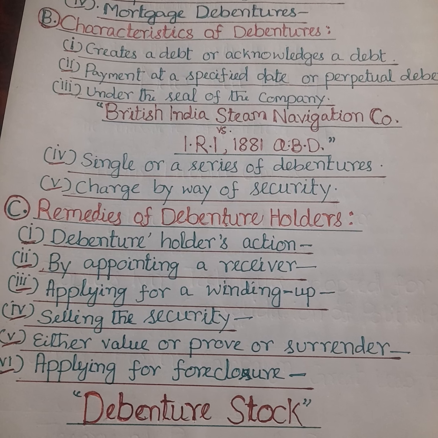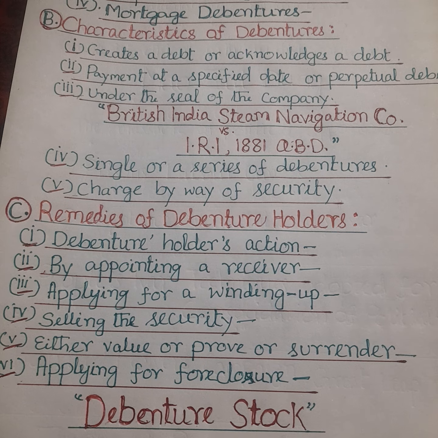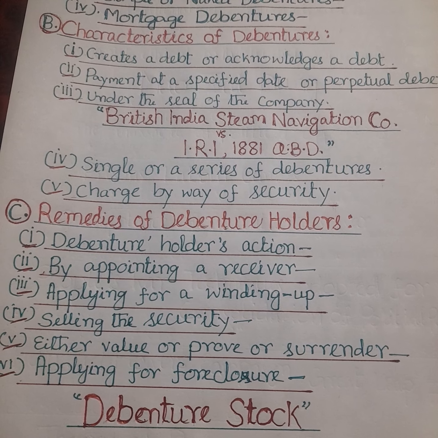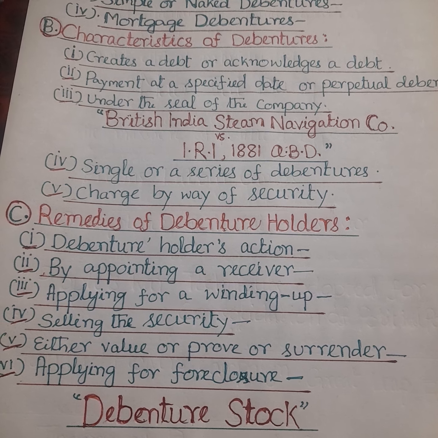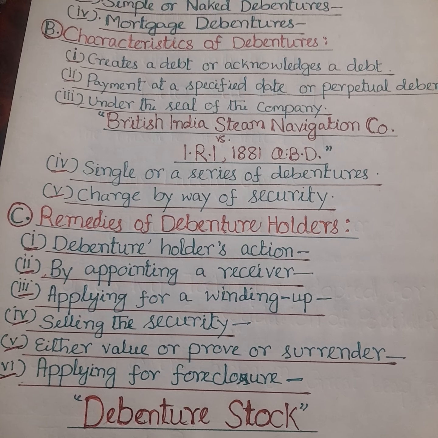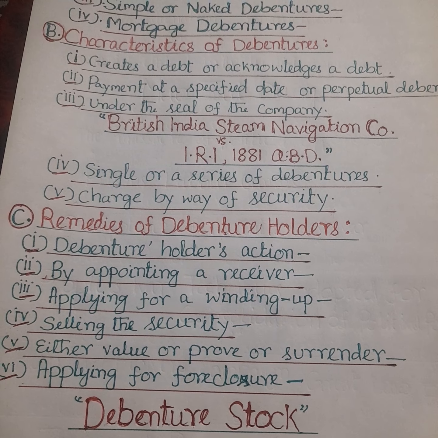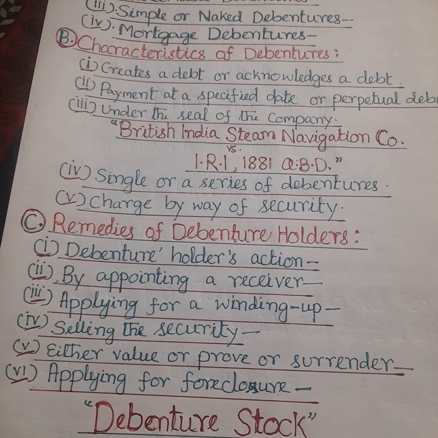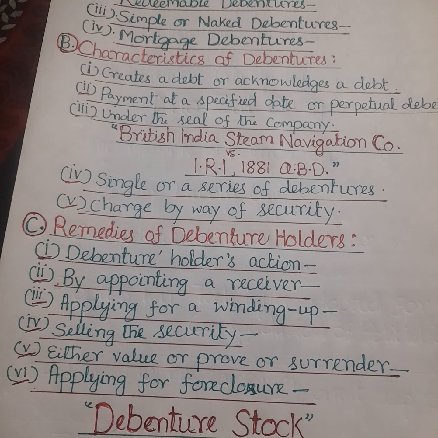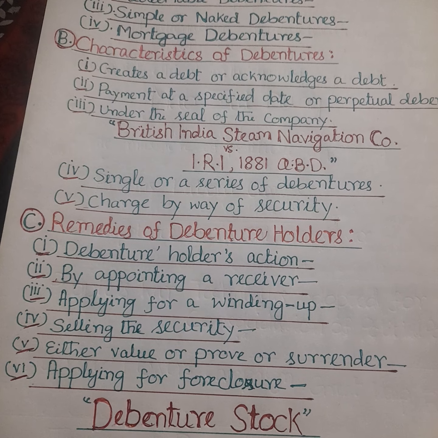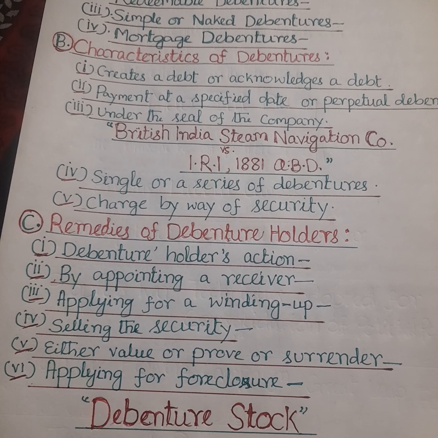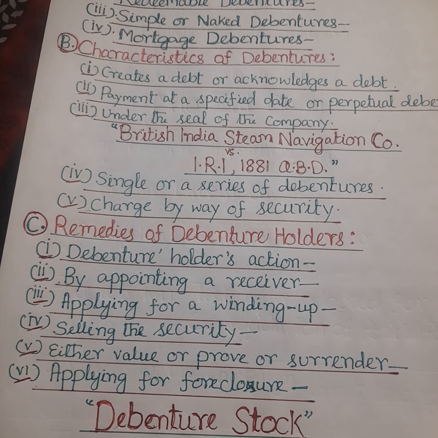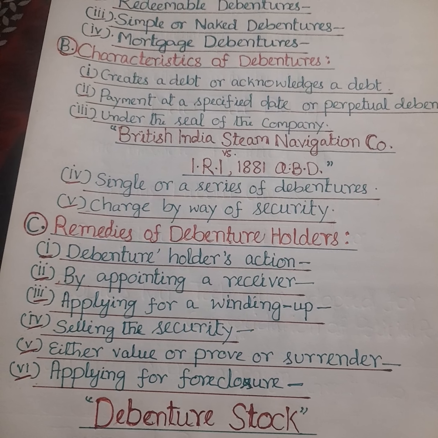And the next available remedy is that he may apply to the court for foreclosure, which may extend even to the uncalled capital of the company. In an action for foreclosure, it is necessary that all the debenture holders of every class be parties to the action.